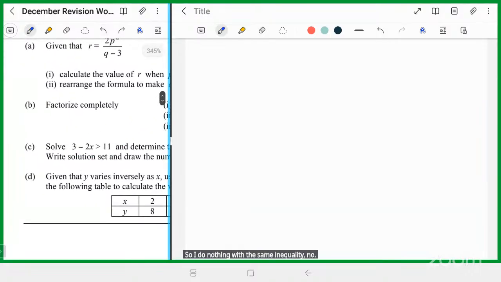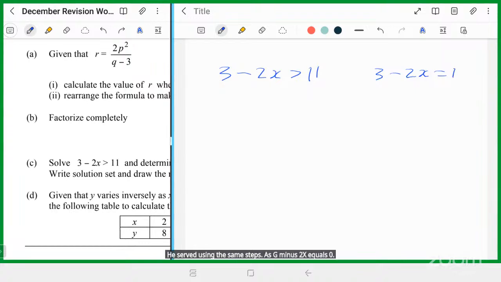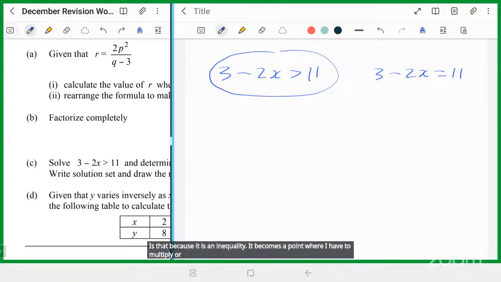Now, remember, the simple inequality 3 minus 2x greater than 11 is solved using the same steps as 3 minus 2x equals 11. So for an inequality sign, same steps as if it was an equal sign. The main difference is that because it is an inequality, if there comes a point where we have to multiply or divide by a negative number, we have to remember to reverse the inequality sign.